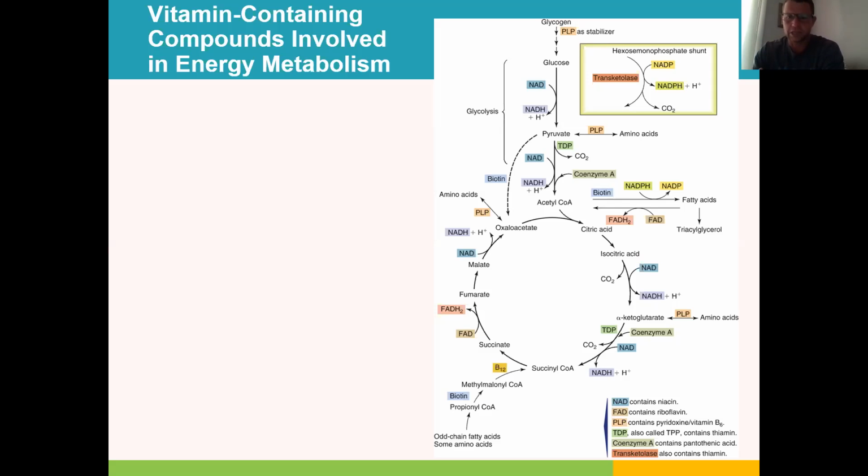So when you look through that, if you go by the colors or the names, you can see how all the B vitamins play a part in the metabolism in the Krebs cycle. Okay, and even prior to that, right? So you see PLP, the NAD, NADH. Again, we see more PLP, TDP, NAD, and NADH.